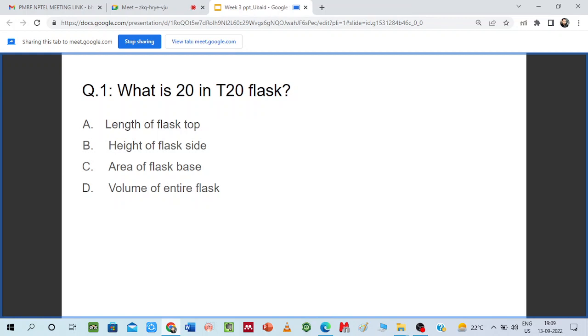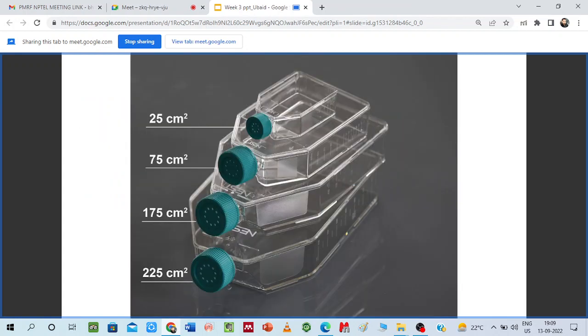So most of you have answered it correctly. The answer is area of the flask base. Here in this slide, I have shown that there are different types of flasks based on the area on which the cells are grown.